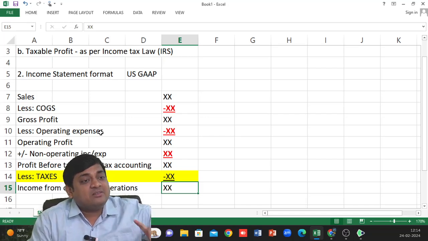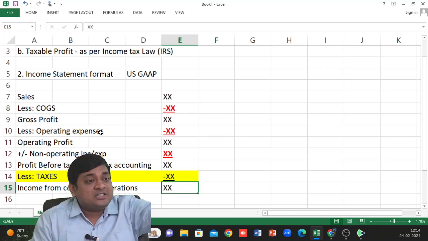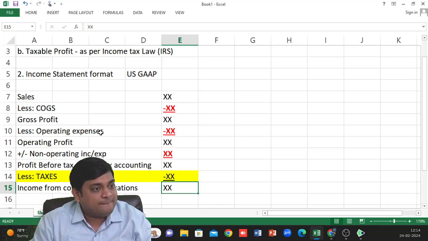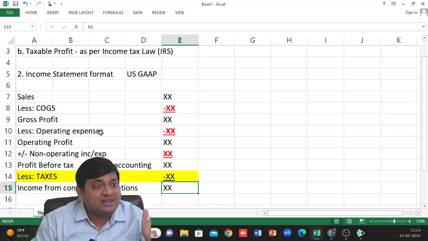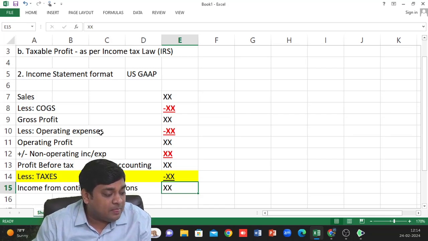They will consider it when that actual expense happens, like contingencies, like allowance for uncollectible debts. But there are some expenses which will never be considered by the income tax department, like fines, penalties. Right?